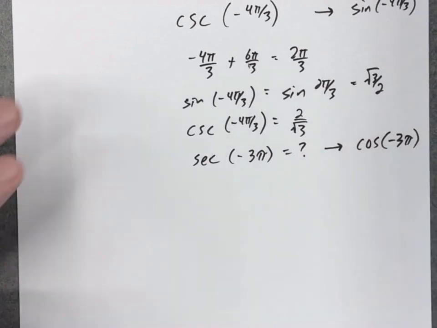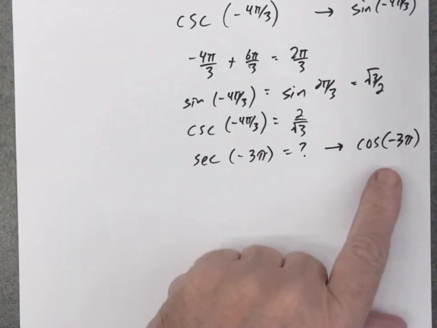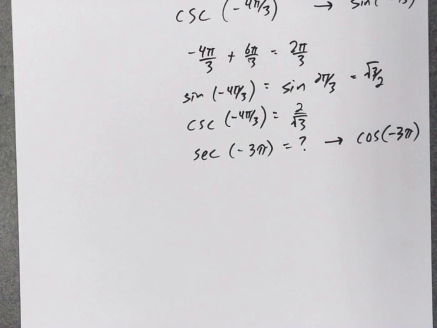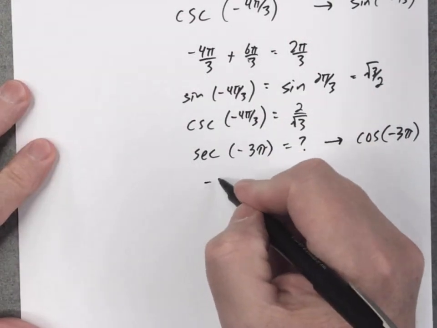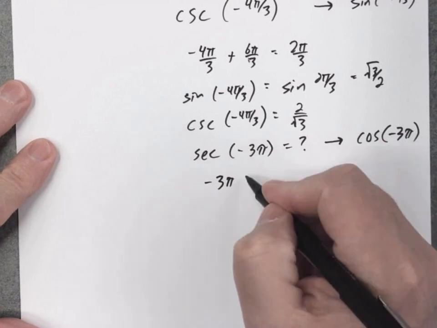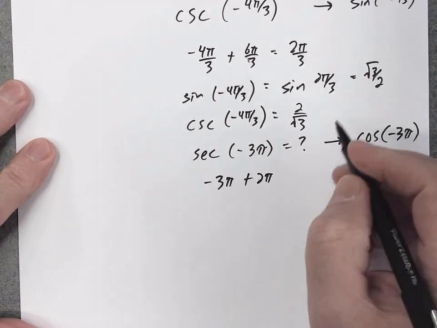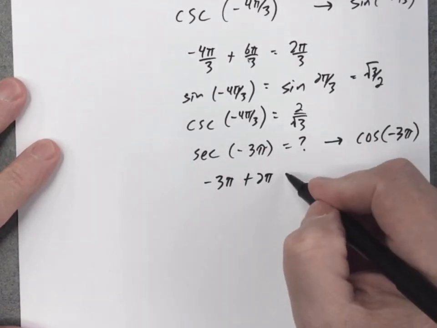Once I know the cosine, I can find the secant. Of course, negative 3 pi is not in the unit circle. So it's the negative angle. I'll add 2 pi until I get it inside the unit circle.